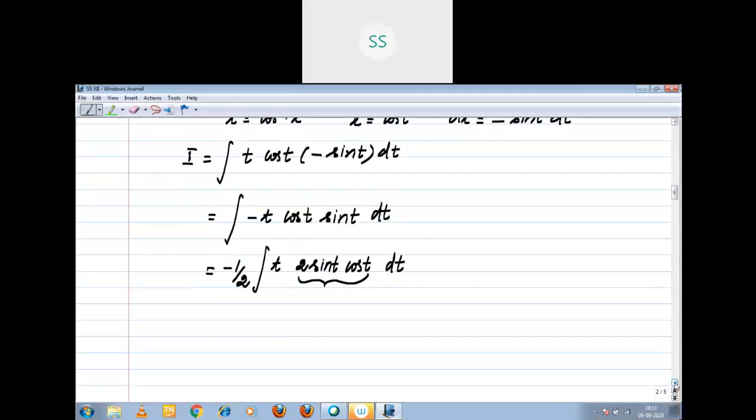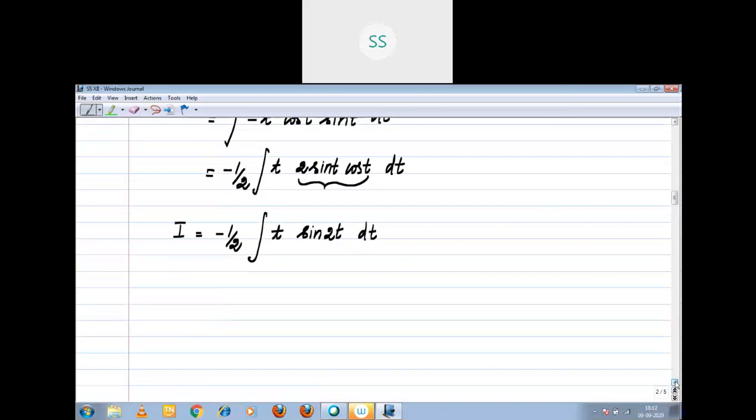Sin 2t. Got it, children? Now I equal to minus 1 by 2 into integral t sin 2t dt. The three functions I converted into two. Then only it is easy, because you know the integration format for two functions only.